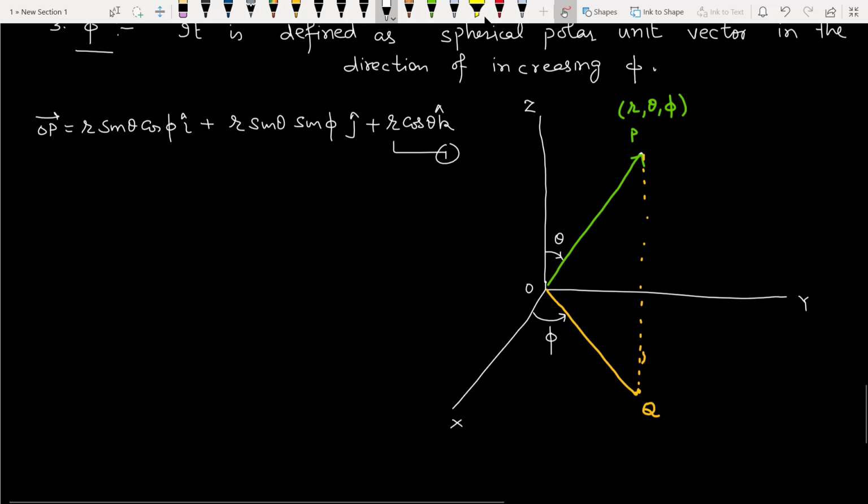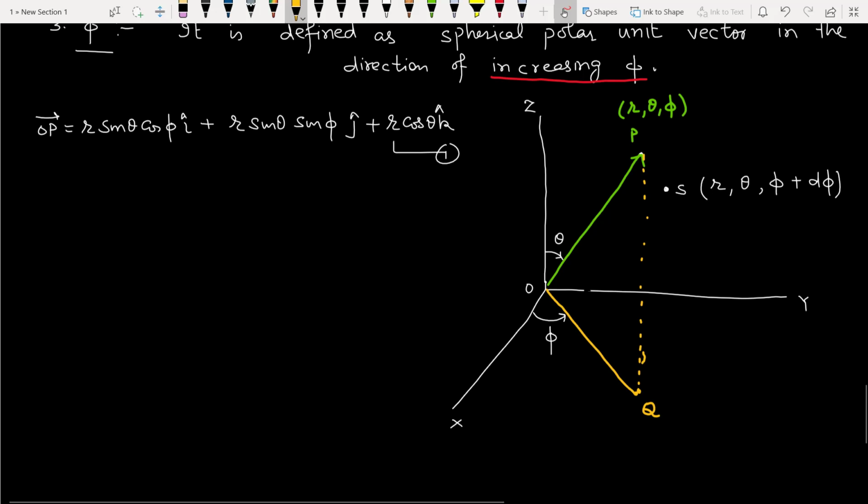Now, what is the meaning of increasing phi? That we find one more point S in such a way that its r and theta are the same, and phi has a small increment d phi like this.